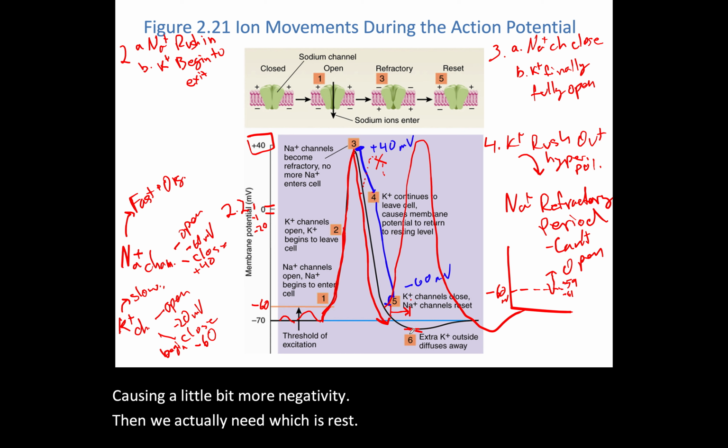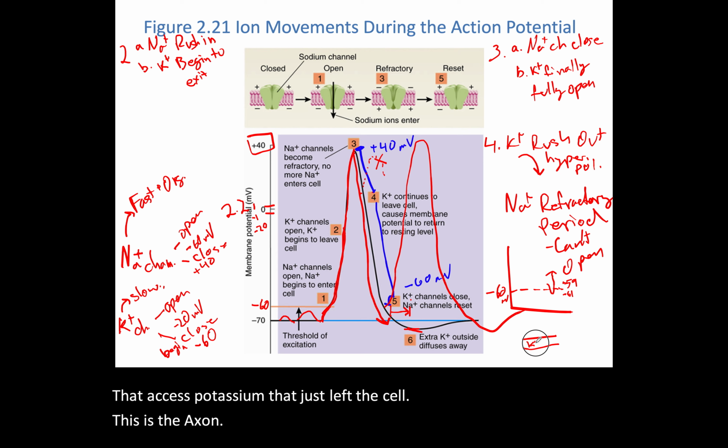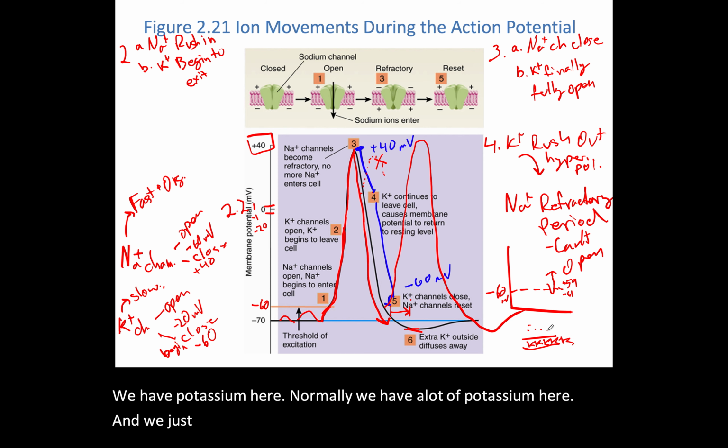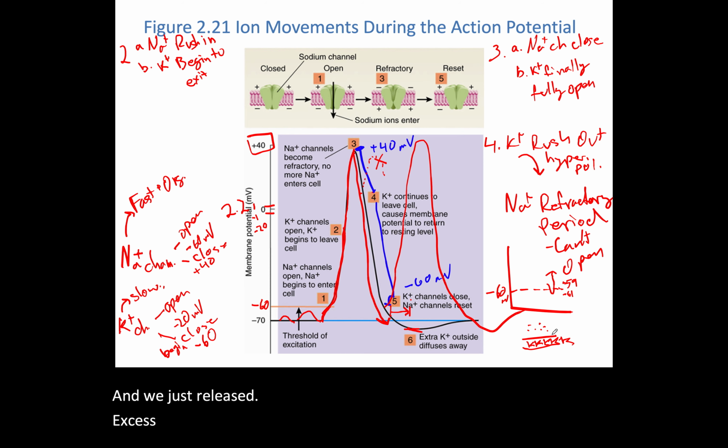That excess potassium that just left the cell, this is the axon. We have potassium here. Normally we have a lot of potassium here. And we just released excess potassium. And that's why we're hyperpolarized.